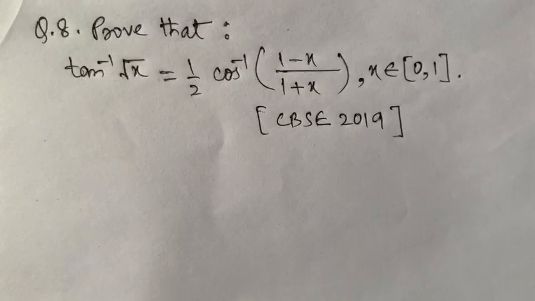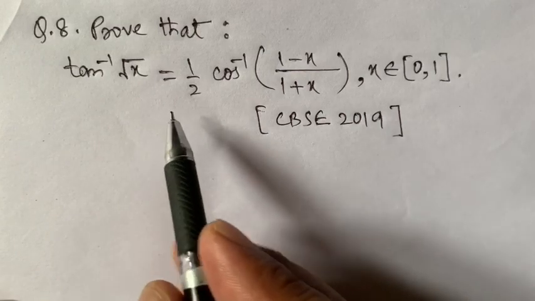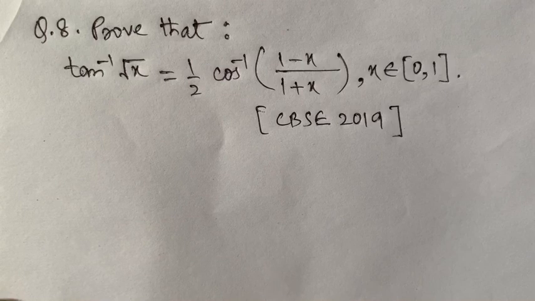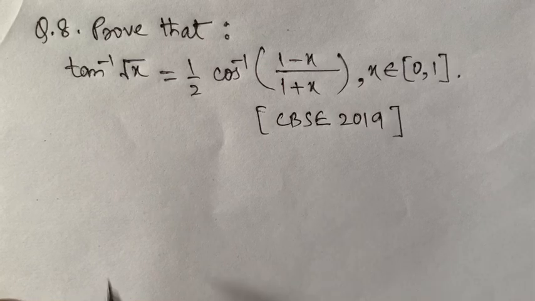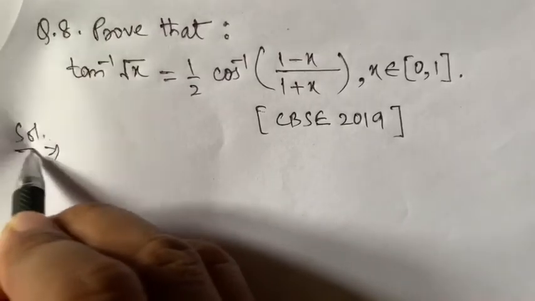Let us take question 8. Question 8 is, prove that tan inverse of root x is equal to half cos inverse of 1 minus x upon 1 plus x. Again, if we see the right hand side, it is half cos inverse of 1 minus x upon 1 plus x, and it is the solution.